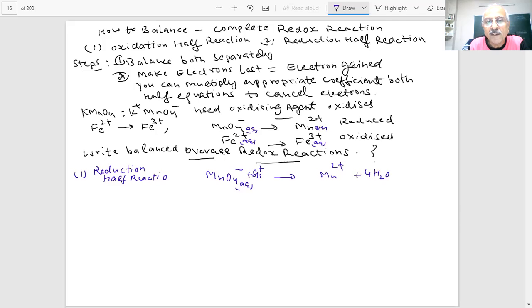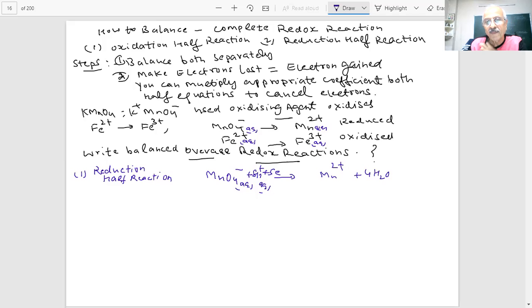So how many hydrogens are you adding on the other side? 8H plus aqueous. What about the charges? Plus 8 and minus 1, so plus 7, and on the right this is 2 plus. How many electrons should be added then? This is a reduction. Reduction means gain of electrons. How many electrons should be added, students? 5 electrons. Wait, can you repeat that?